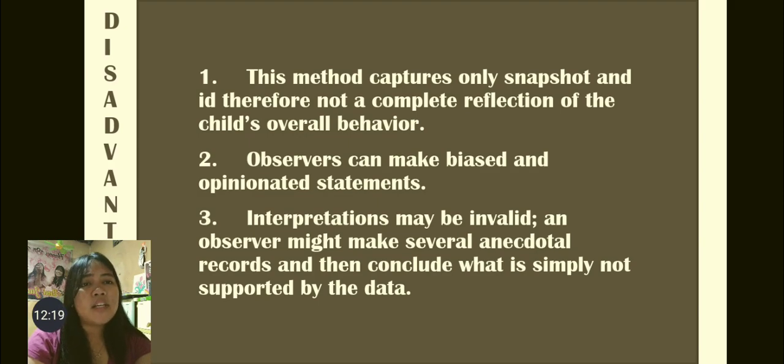Next, observers can make biased and opinionated statements since it is an open type of observing and recording, so it could have this type of result where the teacher will be biased.